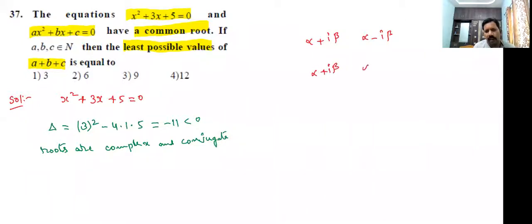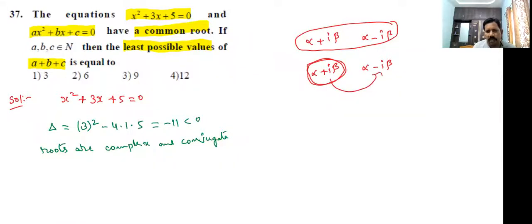Similarly, is alpha minus i beta also a common root or not? Because these are a conjugate pair. If the second quadratic equation has the common root alpha plus i beta, then its conjugate alpha minus i beta is also a root. So overall, both quadratic equations have the same roots.